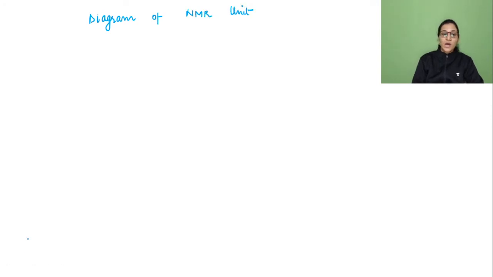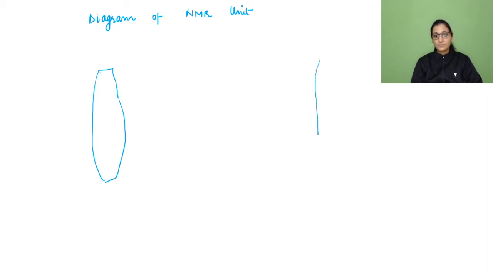principle of NMR. Now talking about the diagram of the NMR unit. How does it look? There will be external magnets. Ignore the shapes. These are the external field.